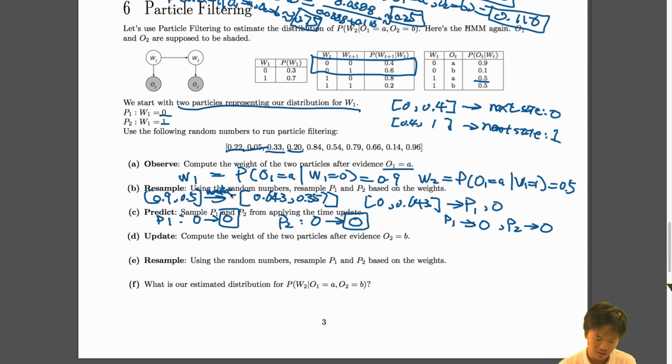So after part C, we realize both of the particles land in state 0.